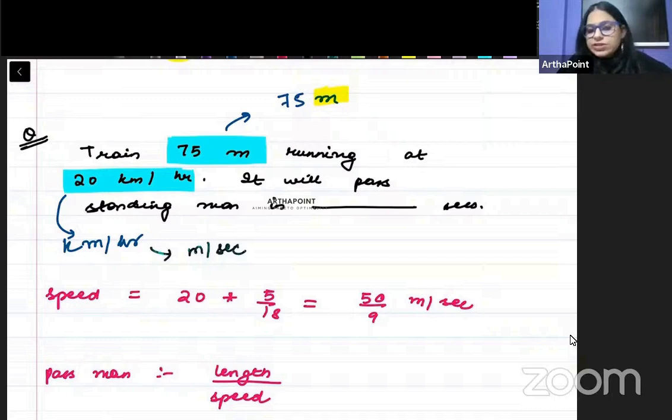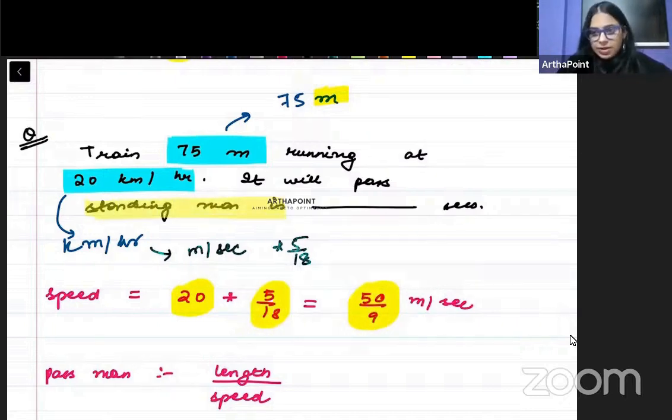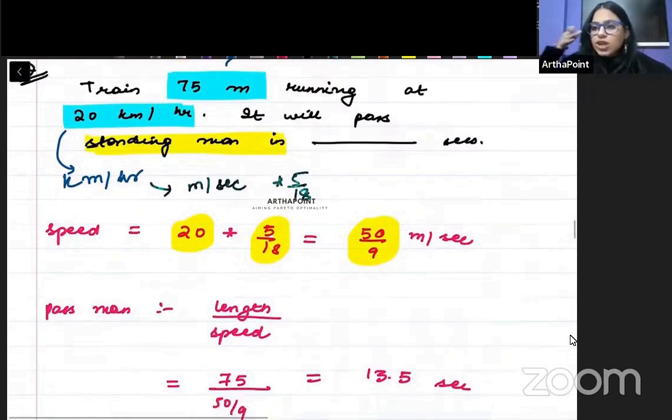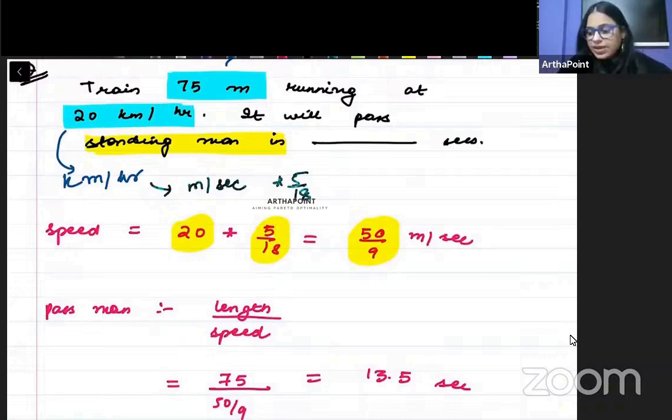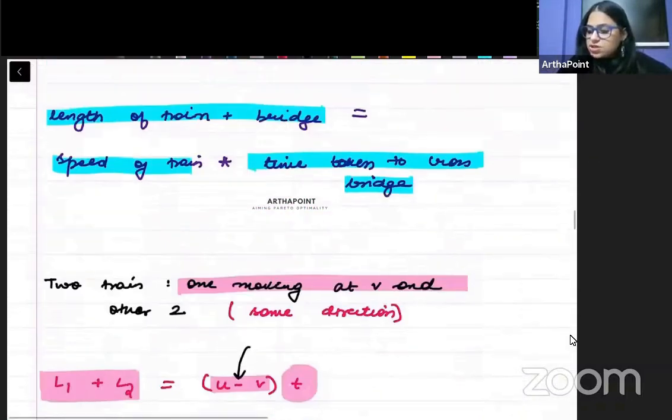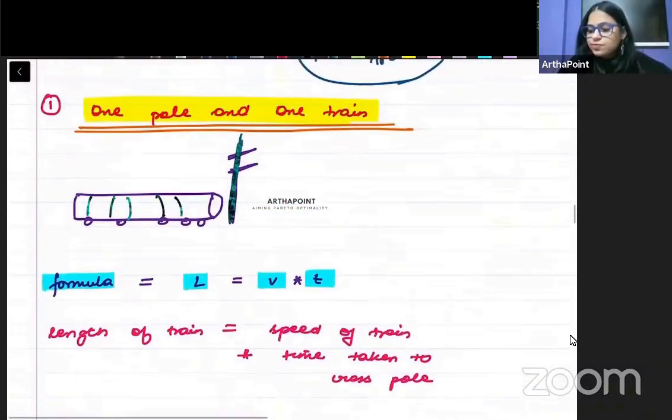And in order to convert this into meter per second, I need to multiply this with 5 by 18. So I have multiplied 20 with 5 by 18, and when I did that, I got 50 by 9. Now it says, when will it pass the standing man? To find how long it will take to pass the standing man, that means you need to find the time, right? So I need to just rearrange the formula that I have just told you, right?